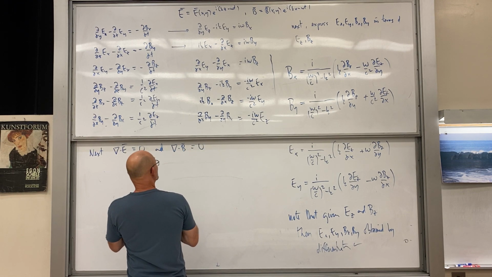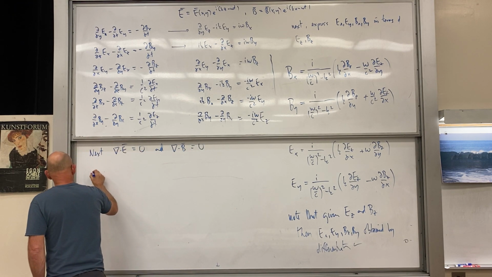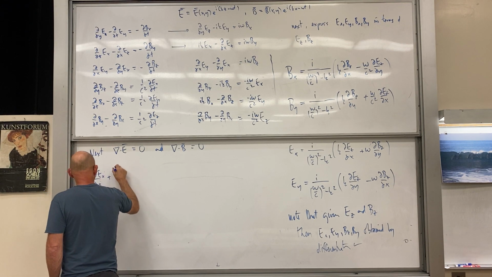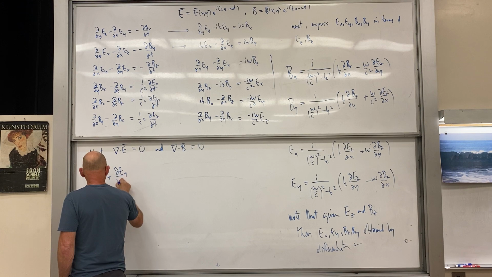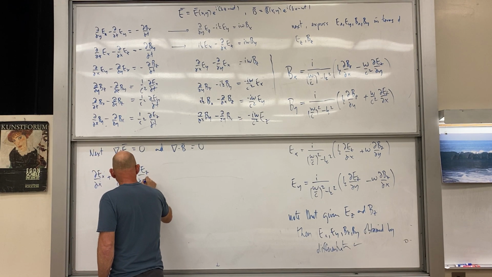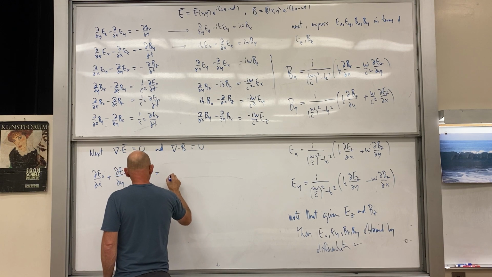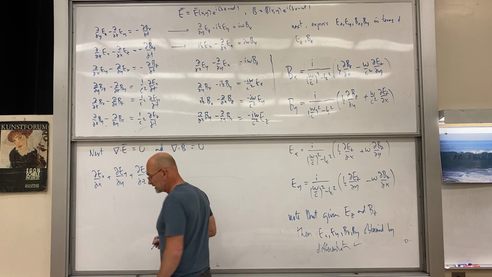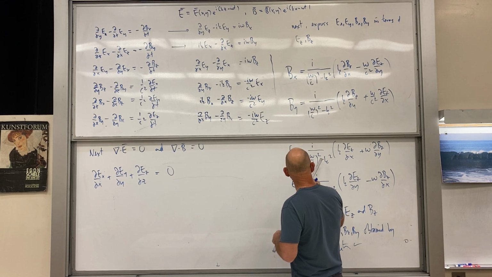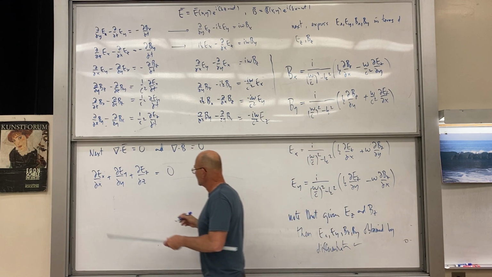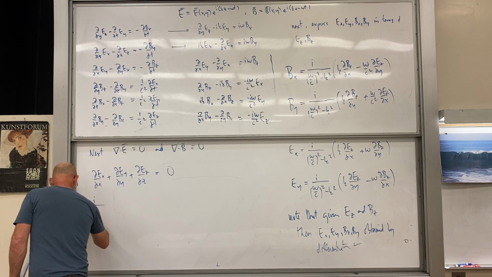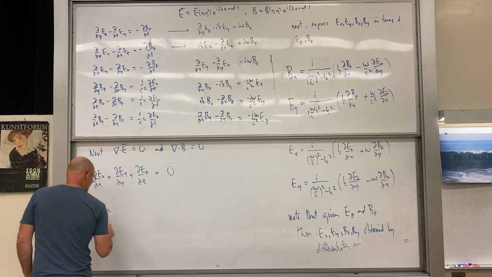For the divergence of E, we would have dEx/dx plus dEy/dy plus dEz/dz equal to 0. For Ex, we would have i omega over c squared minus k squared.